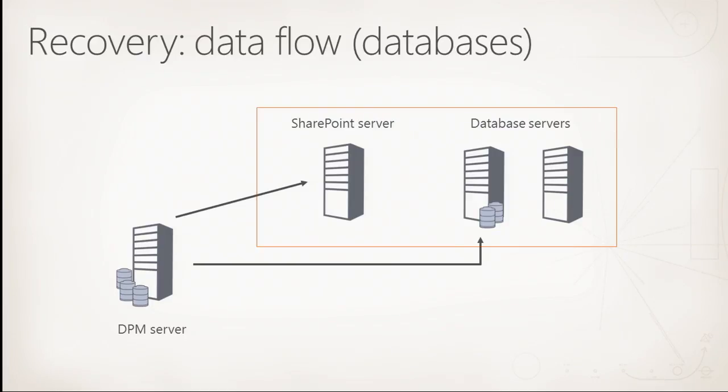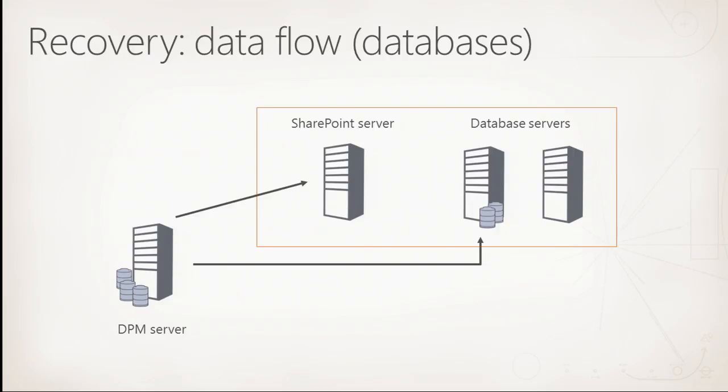And what it then does, and you'll see the connection there to the SharePoint server, is make a call to the SharePoint server and refresh our sitemap in SharePoint. For those of you that aren't aware, in our SharePoint configuration database, we have a table called the sitemap. This tracks a list of all the site collections that exist in our farm.